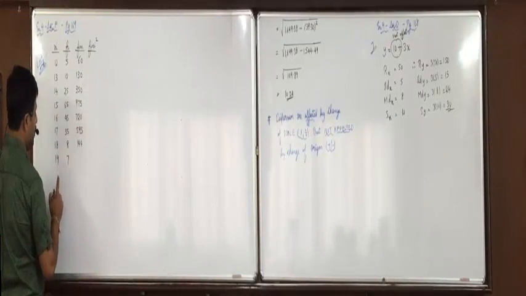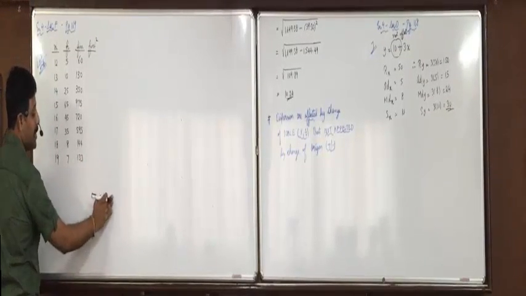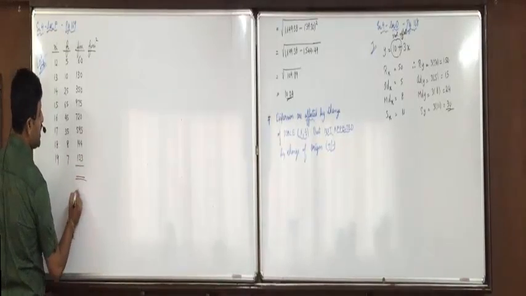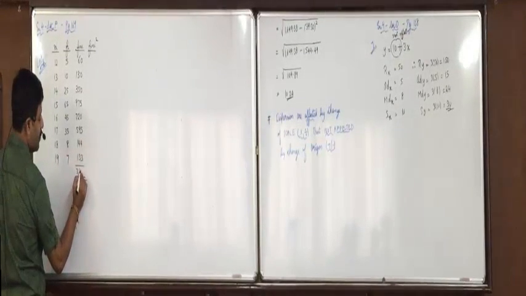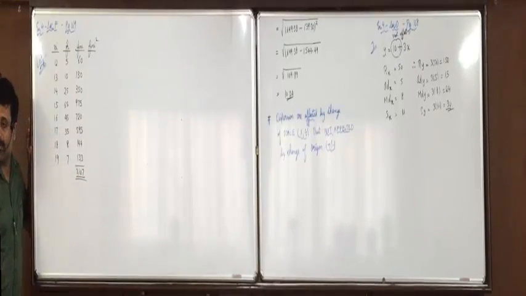And 19 into 7, M plus, 133. Is everyone clear with this? Press the mark. 3107. Any confusions with this?